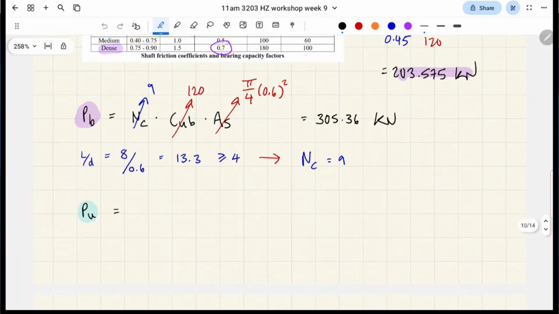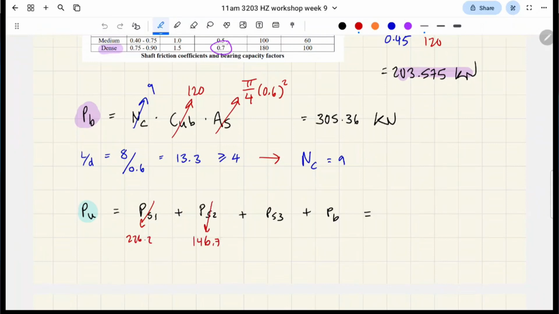Lastly, Pu is going to be the sum of all these: 226.2, 146.725, 203.575 and 305.36. We add all that up, and that gives us 881.86 kilonewtons.